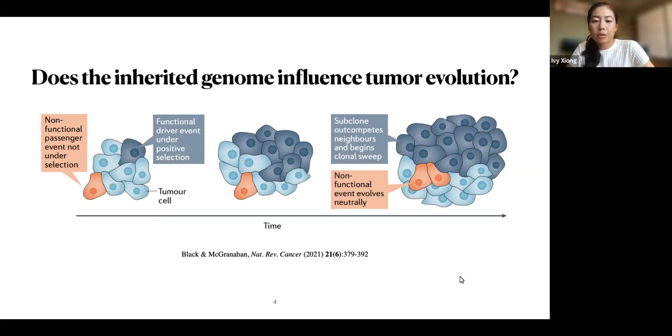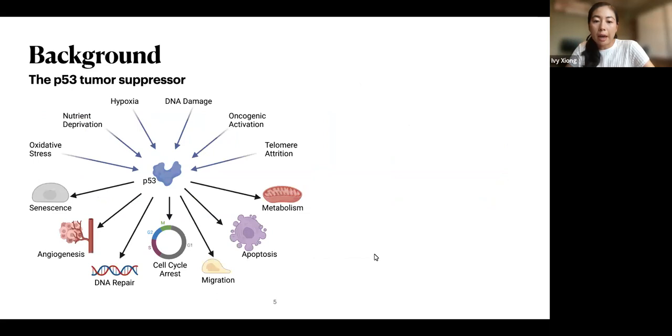To answer this question, I examined the most mutated gene in the whole genome, which is P53. A bit of background on P53 biology: P53 is a transcription factor that is activated by an array of stress signals, including DNA damage, hypoxia, oncogenic activation, oxidative stress, and telomere attrition.